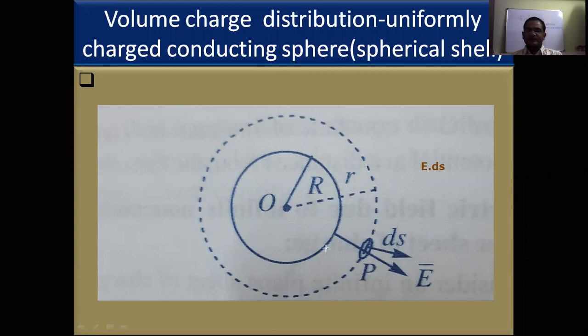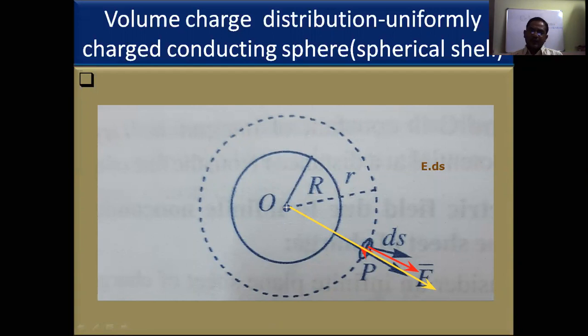At this point, again we are considering the small area element ds bar. The direction of the small area element is in this direction. The direction of electric field strength is radially outwards. It is also in the same direction.